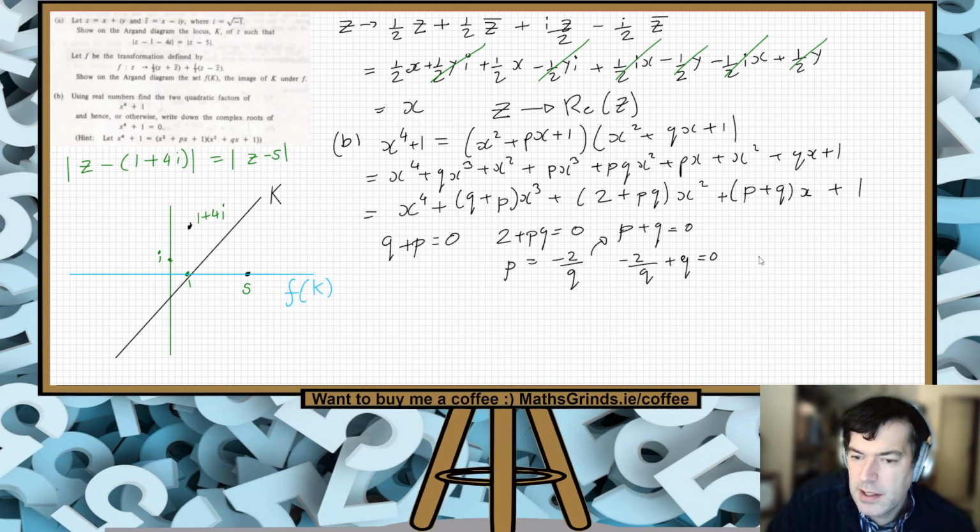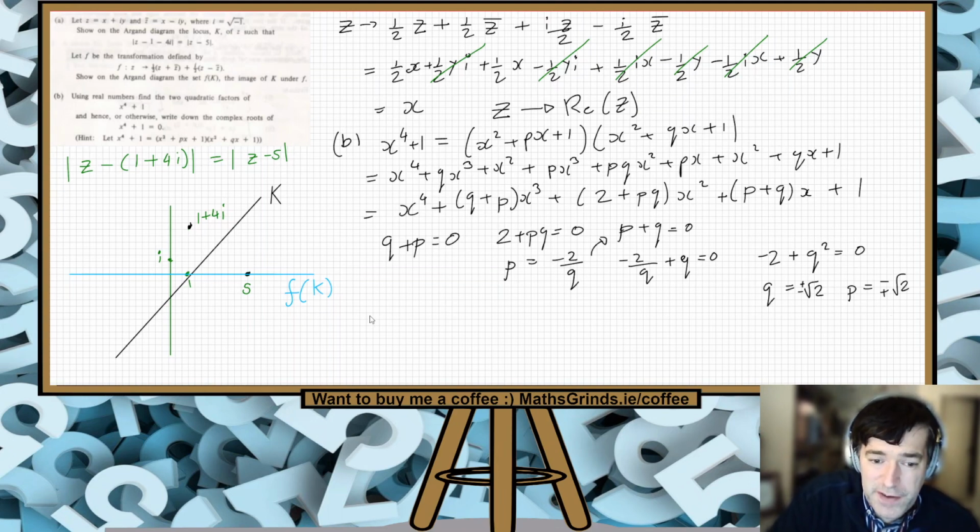Multiplying by q, I get minus 2 plus q squared equals 0. So q equals root 2. Well, plus or minus root 2. And then that would mean p is 2 over root 2, which is root 2. So minus or plus root 2.